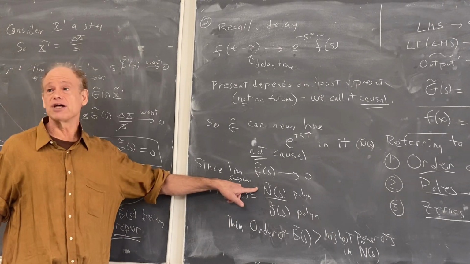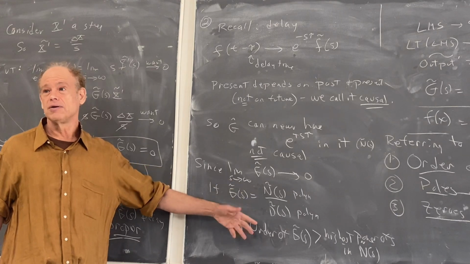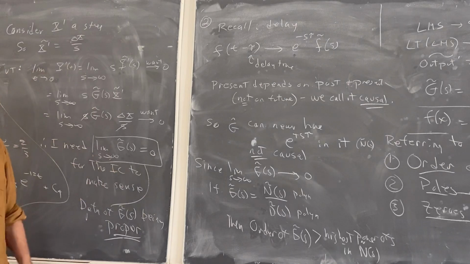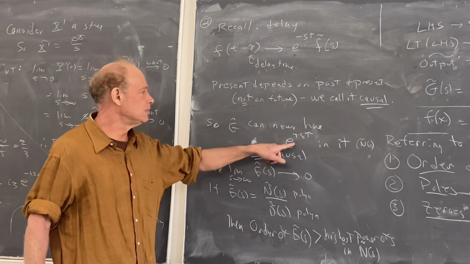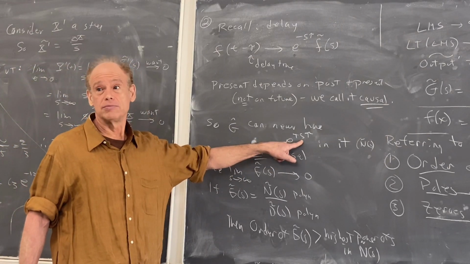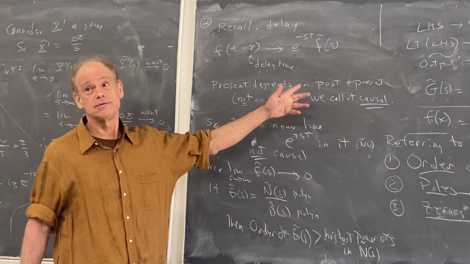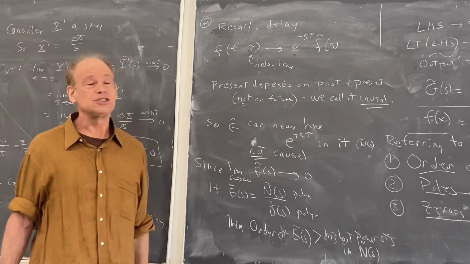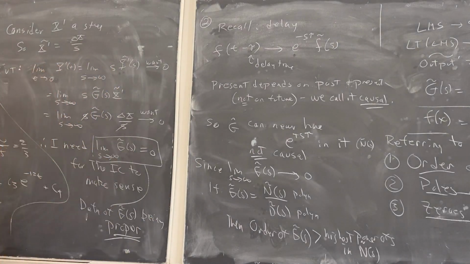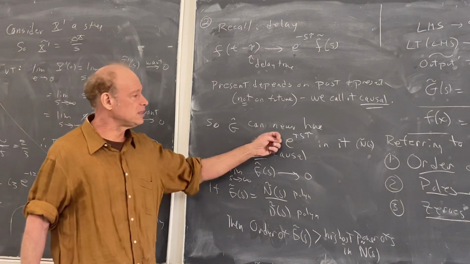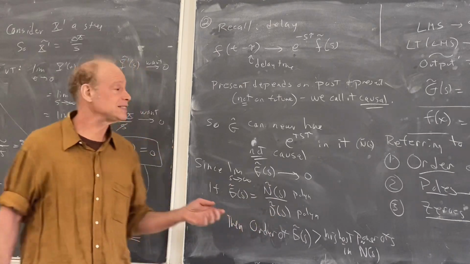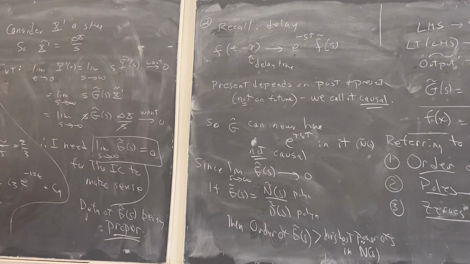If the numerator has a higher power of s than the denominator, well, as s goes to infinity, the numerator wins. And I'm not going to get 0. Or if I have an exponential with a plus in the numerator, this is going to go to infinity. Those are bad. I want them to go to 0. So both of those would violate this, and we interpret this as violating causality. So it's not only just a mathematical statement, it's a nonsense statement.